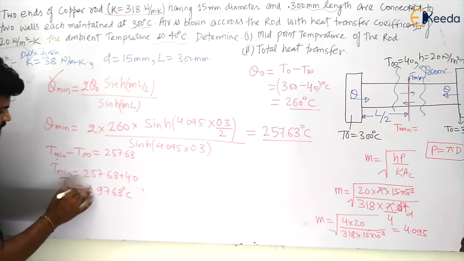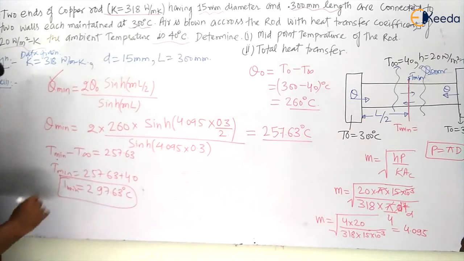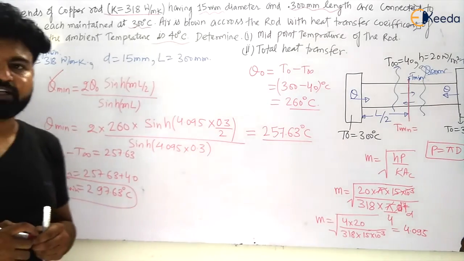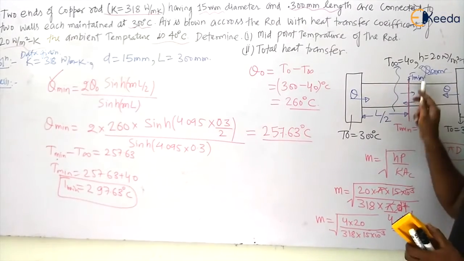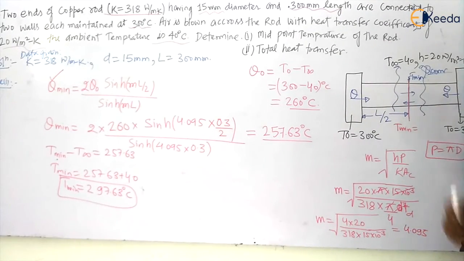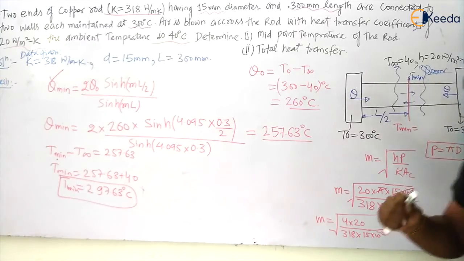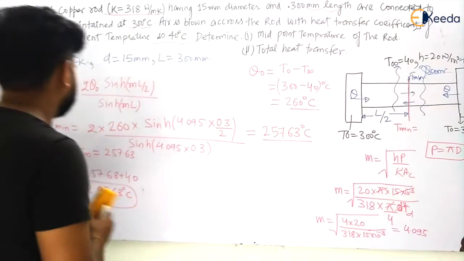That is your T minimum, my dear students. Okay. So now let us calculate the heat transfer. Now I can calculate the heat transfer if I assume that fin to be like insulated tip, and half of the heat will be transferred from this case. So I can calculate easily. Let us see.